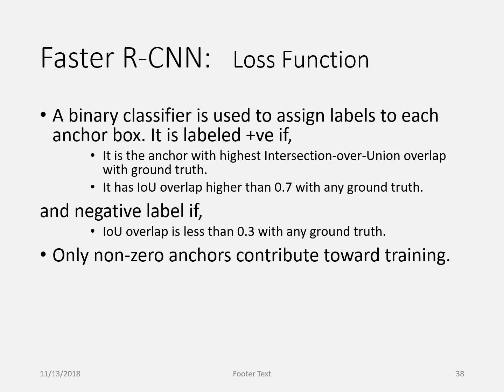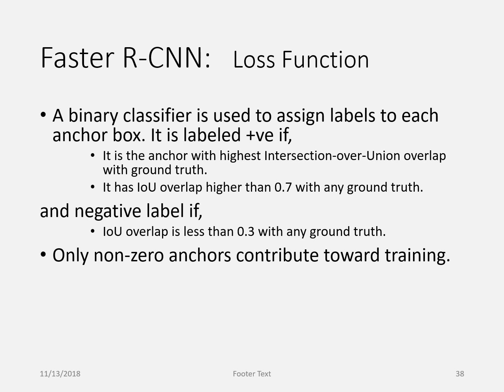Now about how we are going to get the loss function for this network. We use two types of losses here: classification loss and regression loss. Classification loss is due to misclassification by the binary classifier. The binary classifier assigns labels to each of the anchor boxes that we have created. It labels an anchor box positive if it has the highest IOU overlap with the ground truth, or if it has an IOU overlap higher than 0.7.